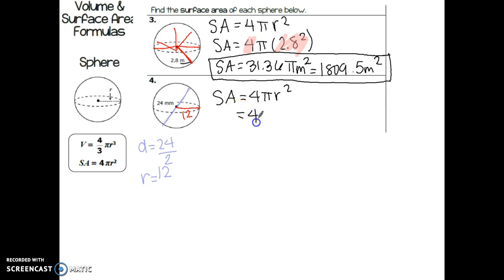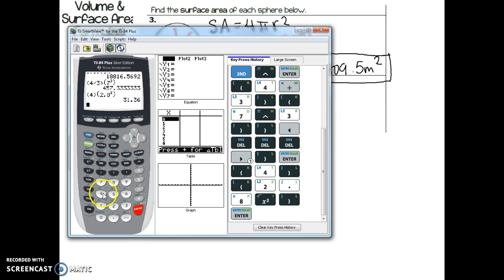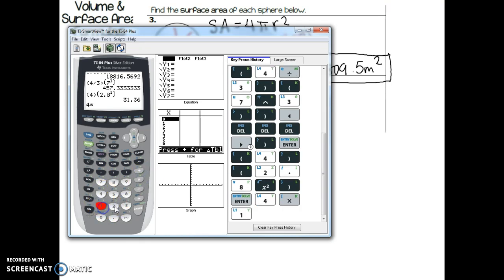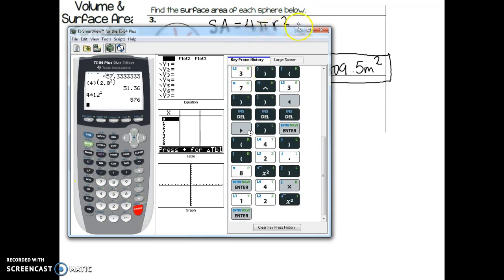Replace what you know. That's a 4, that's a pi. Our radius is 12. And then we multiply everything that is not pi. So 4 times 144, which is what 12 squared is. So 4 multiplied by 12 squared, my bad. And you get 576.